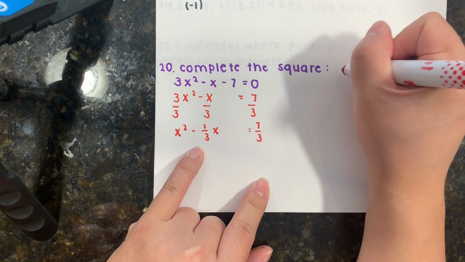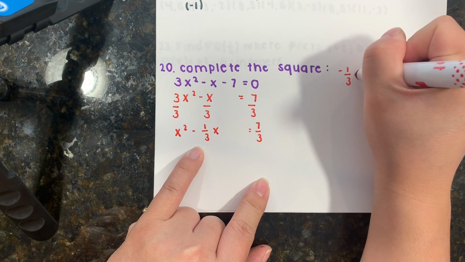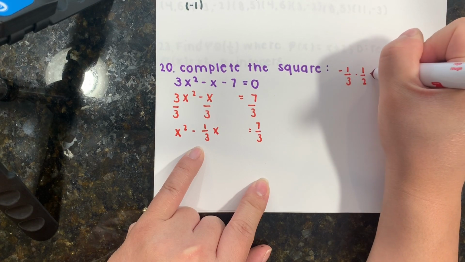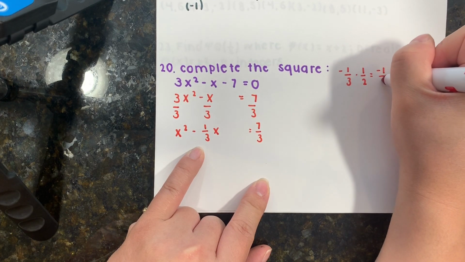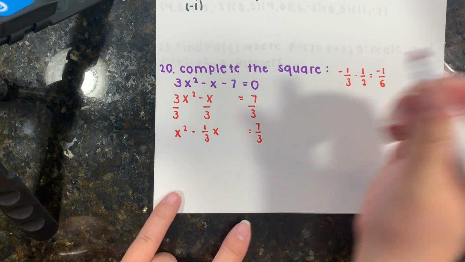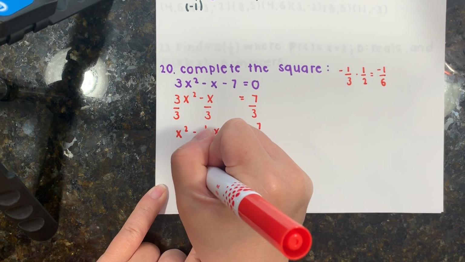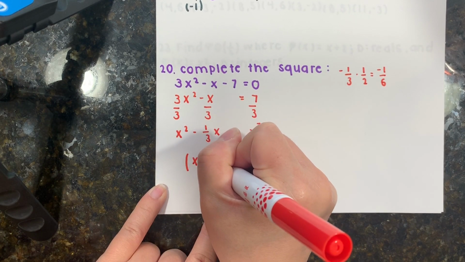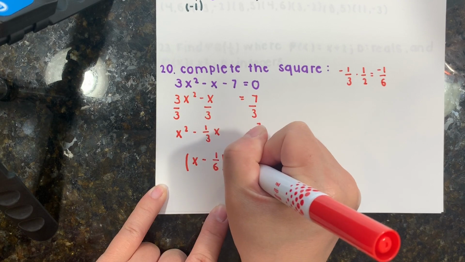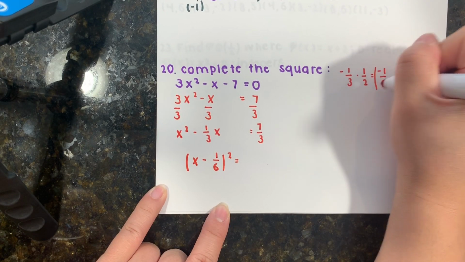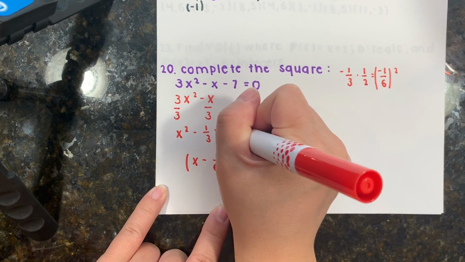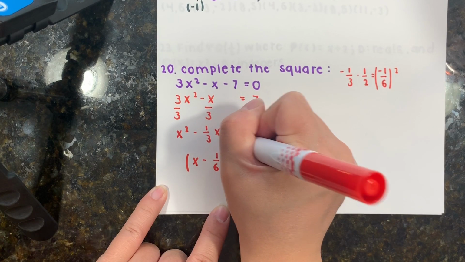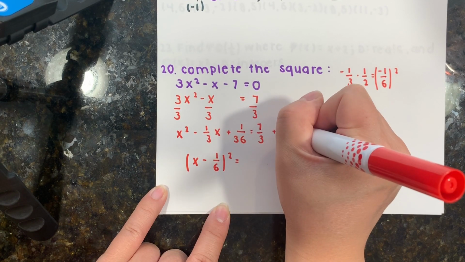Now the term that's attached to x, the negative 1/3, you have to multiply by 1/2, and that's going to give you negative 1/6. So that means I would end up with x minus 1/6 squared. I have to square that now, and that would give me 1/36, and that's what I'm going to add to both sides.